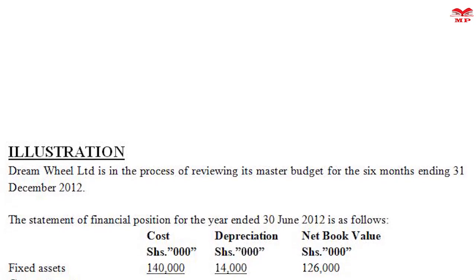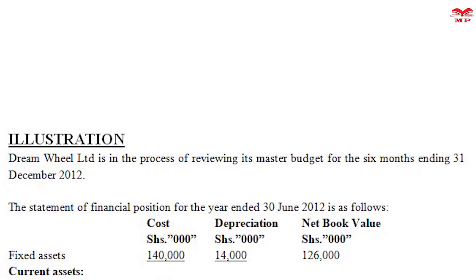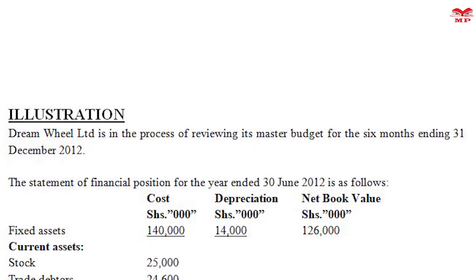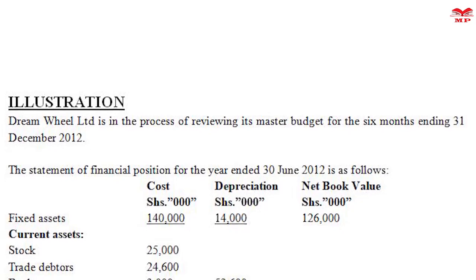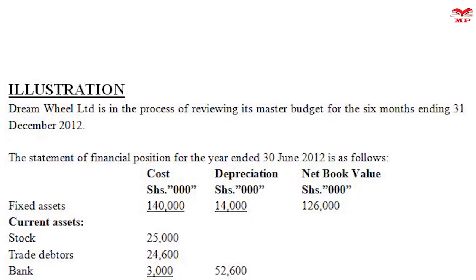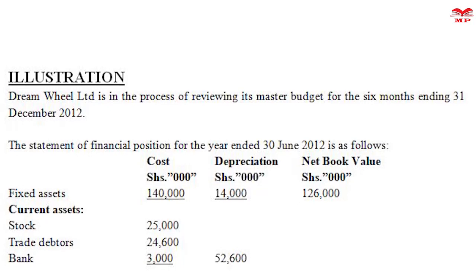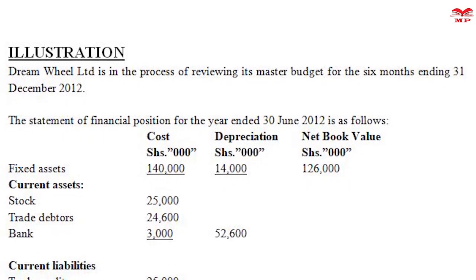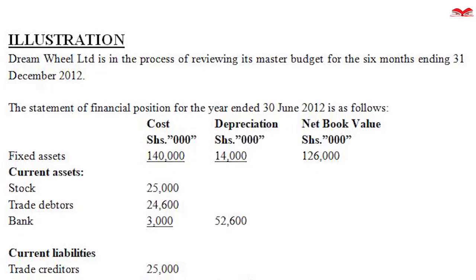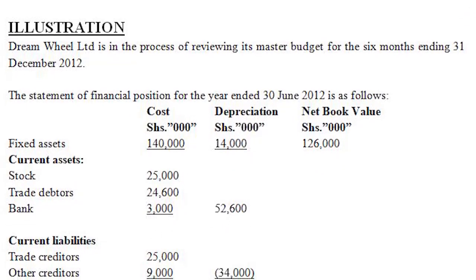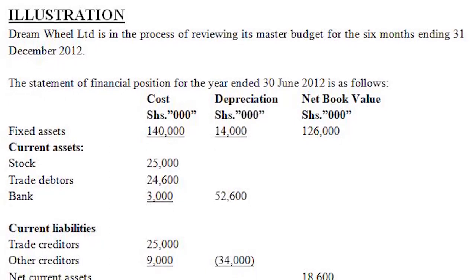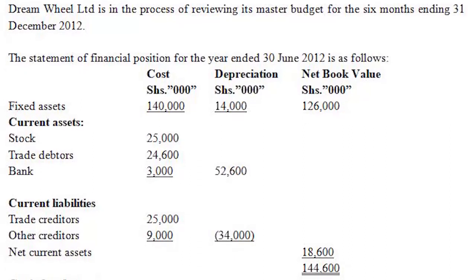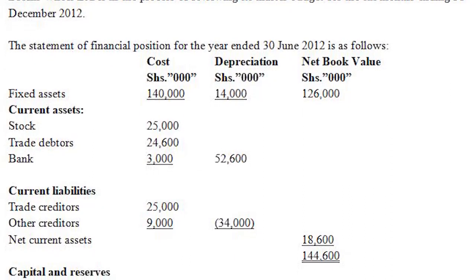There is the cost, depreciation, and net book value. The amounts are shillings in thousands. Fixed assets 140,000, 14,000 and 126,000 respectively. Current assets: stock 25,000, trade debtors 24,600, bank 3,000, total is 52,600. Current liabilities: trade creditors 25,000, other creditors 9,000, total 34,000.